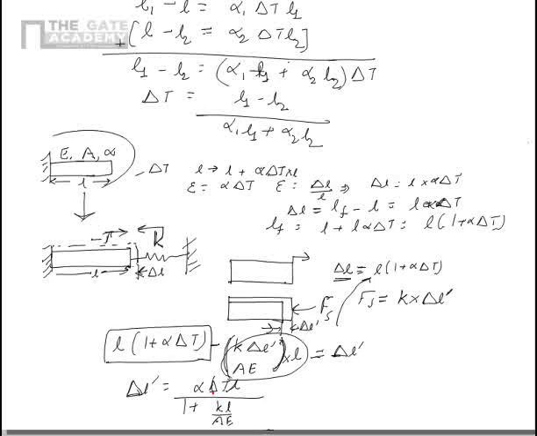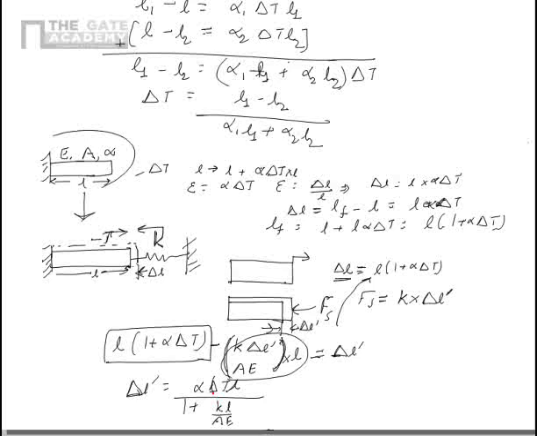Now in the other case, if there is a very stiff spring, if the value of K is very high, then obviously the denominator increases and the delta L dash value decreases from the free expansion value to a very small number. If K is infinity, which means that the rigid wall is directly there, then obviously delta L dash is equal to 0.